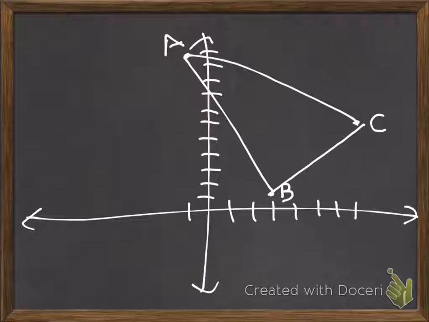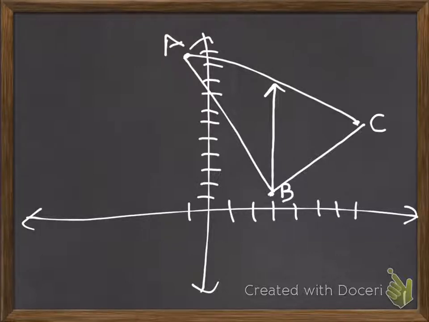Now on graph paper this would look a little bit easier to do, but you're looking for a place where you can draw from the vertices to the other side either a horizontal line or a vertical line. In this case I would either do B to AC or C to AB. I think I'm going to just do B to AC in this case.